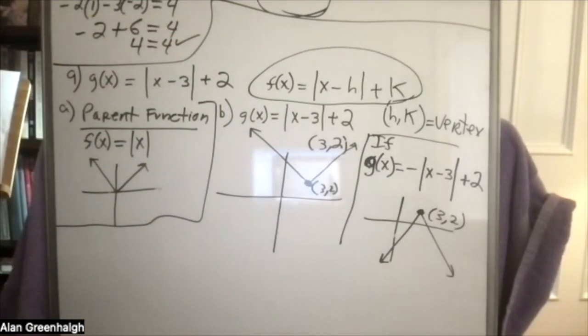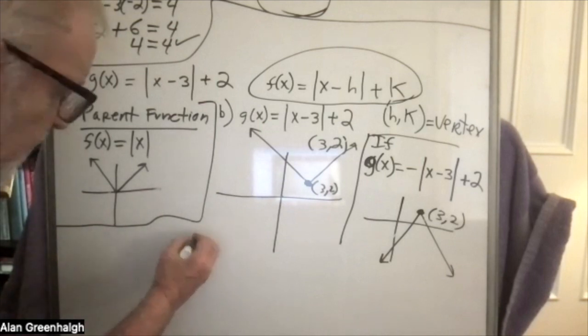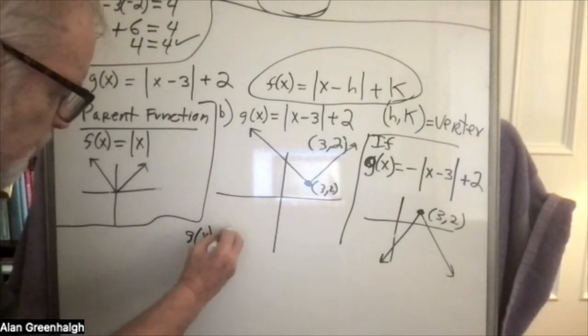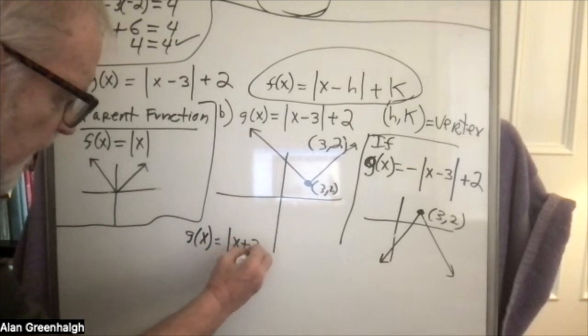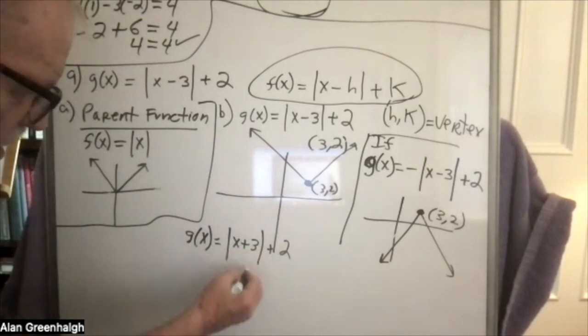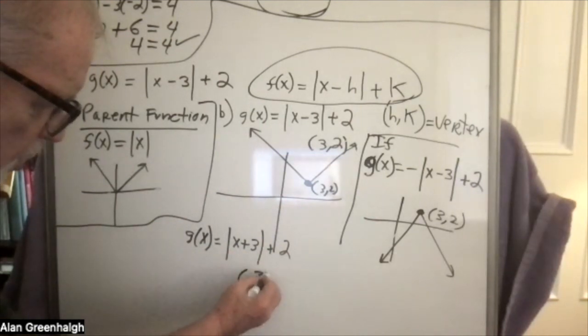Professor, I have a question. So, the sign inside the absolute value doesn't matter. For example, when we have x plus 3, we just take the 3. I don't know what you mean. You just take the 3. If g of x was absolute value of x plus 3, plus 2, then it would have been negative 3, 2.